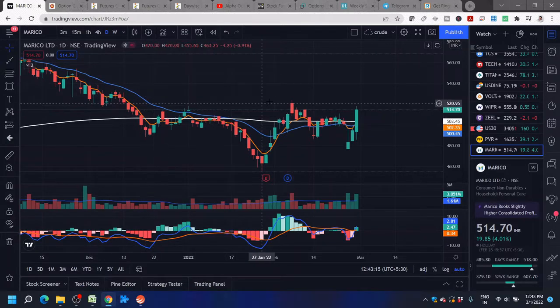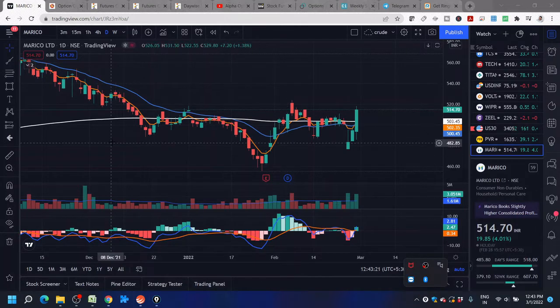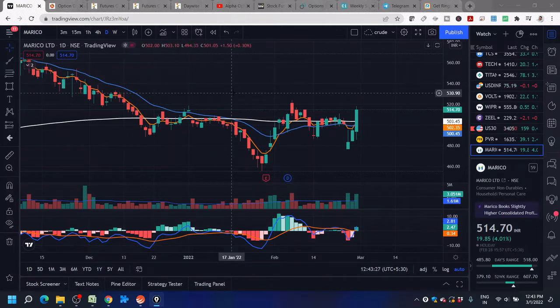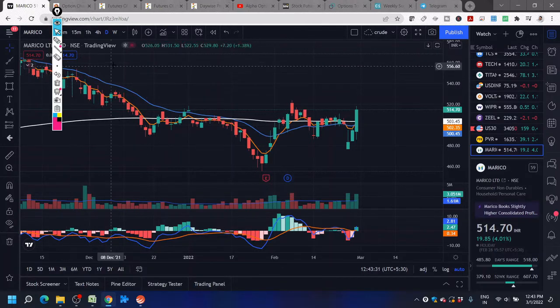Let me use this tool to highlight. This is a very powerful closing, above the 200 moving average.